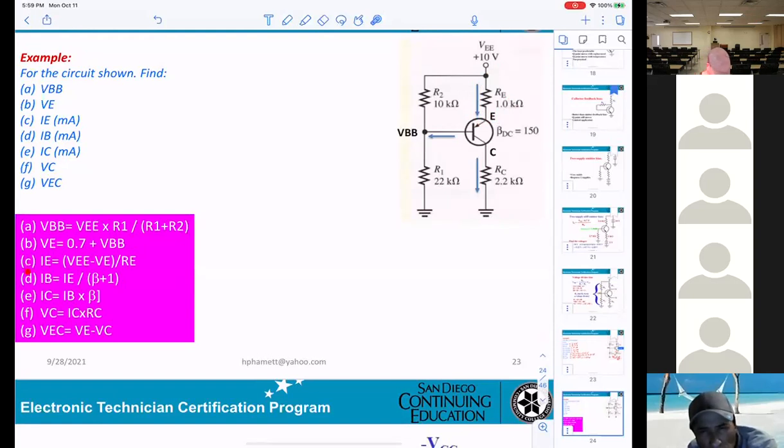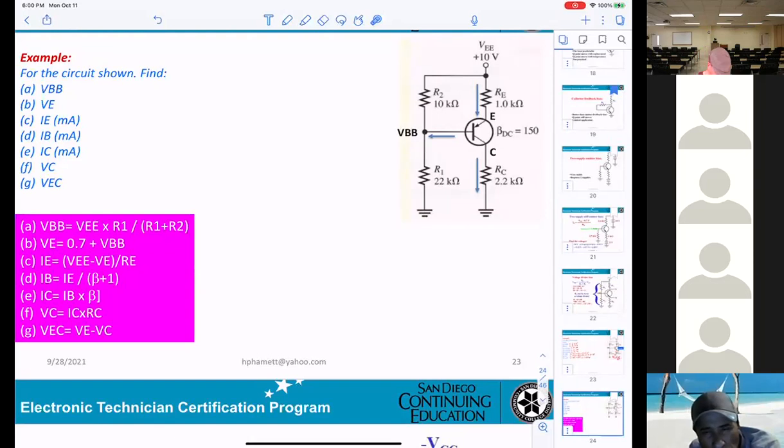That's number C. IE equals VEE minus VE divided by RE. That's a difference from NPN.